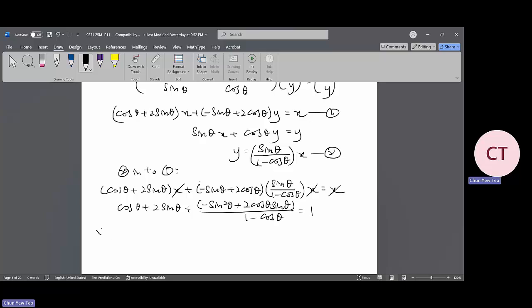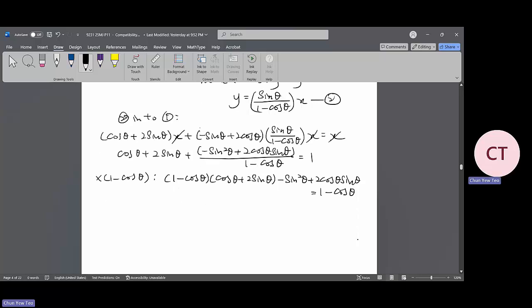So I need to multiply everything by 1 minus cos theta. So I will get 1 minus cos theta multiplied by cos theta plus 2 sine theta, minus the sine square theta plus the 2 cos theta sine theta equal to 1 minus cos theta. So we just have to expand them carefully.